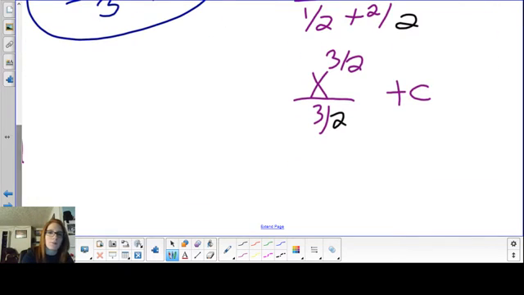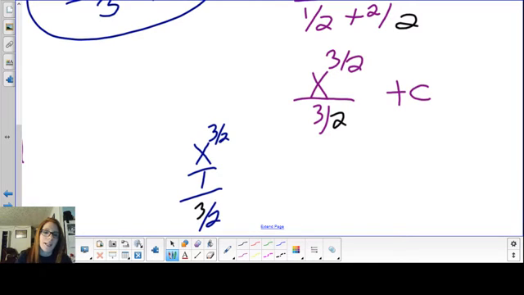Now, when I have a fraction over a fraction, that just grinds my gears a little. It's not mathematically correct. So we essentially have two fractions going on here. We have x to the 3/2 over 1 divided by 3 over 2. And we know that when we divide fractions, we're going to flip and multiply.